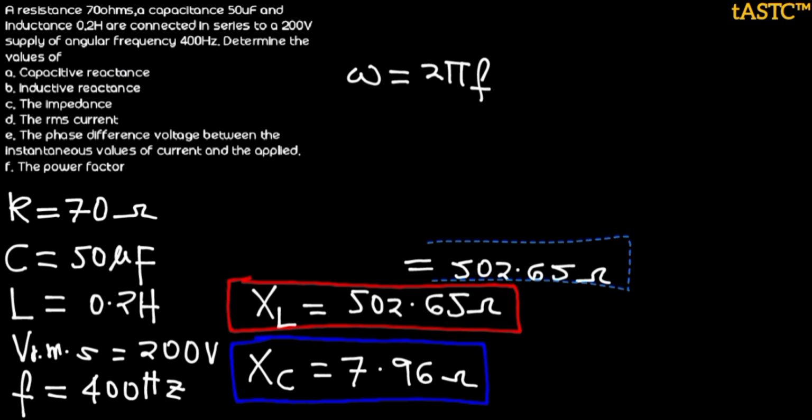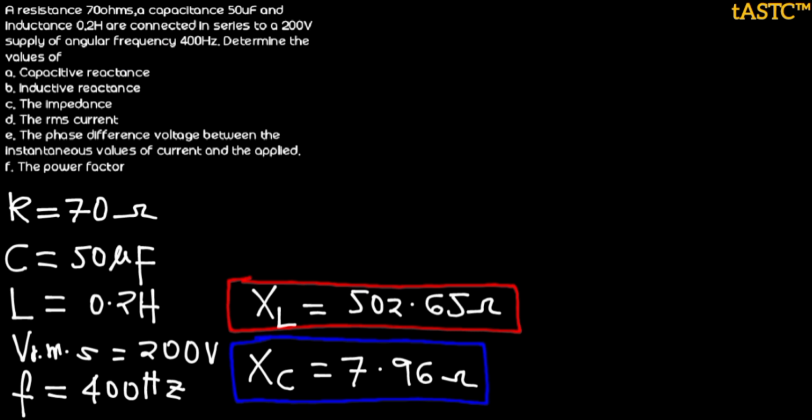And the next thing we need to do is find out what is the impedance. Now what is impedance? Impedance is the overall opposition to the flow of current which is offered by the resistor, the capacitor, as well as the inductor when they are connected in series within an AC circuit.